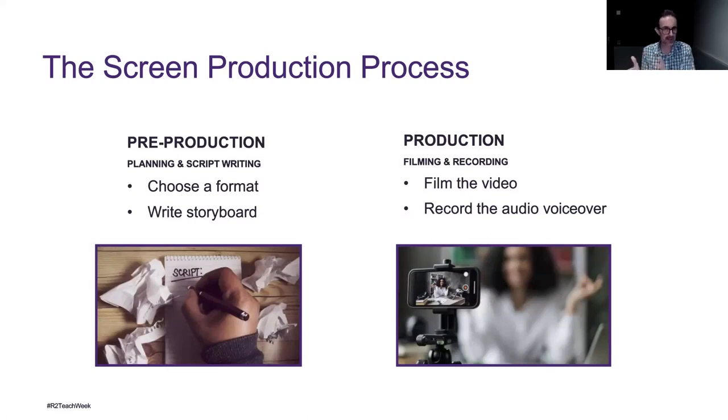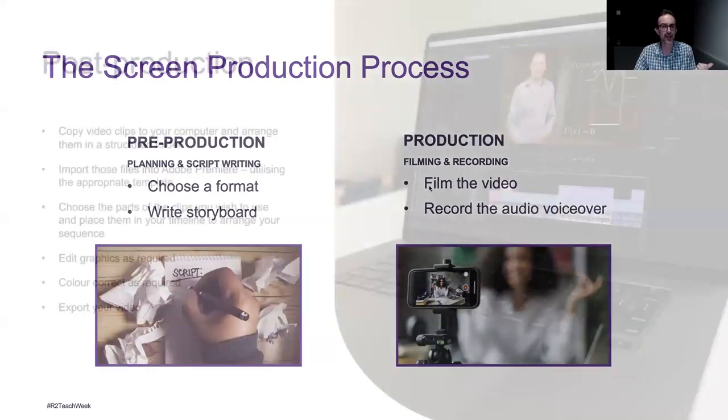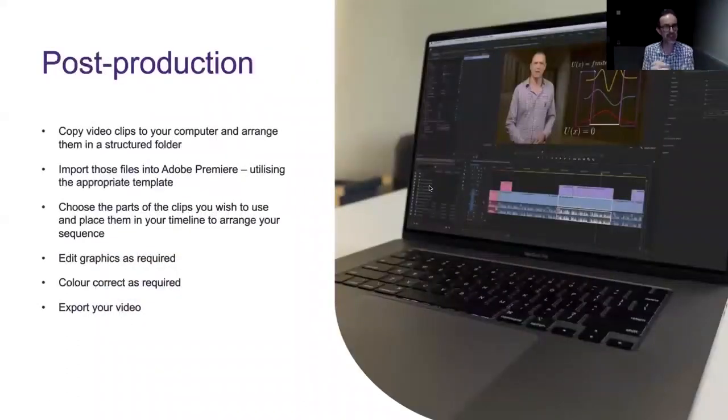The next step after this is, of course, post-production. This is where you copy your files to the computer and arrange them in a structured folder. It's incredibly important to keep the integrity of your folder structures intact, because if images or videos are moved or renamed, they can get lost, and the software simply can't find them. Then there's importing into Premiere, utilizing the approved templates, and selecting the clips or sections of your video that you want to keep.